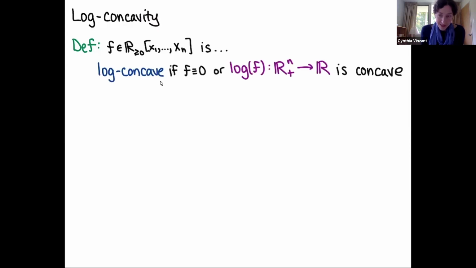I'm going to say it's log-concave if either it's identically 0 or, as a function on the positive orthant, log of the polynomial is concave. Just as a sanity check, if it has non-negative coefficients and it's not equal to 0, then it's positive everywhere on the positive orthant, and so it makes sense to compose with log. So what I want is that the resulting function is concave on the entire positive orthant.